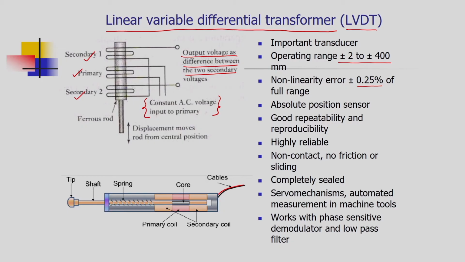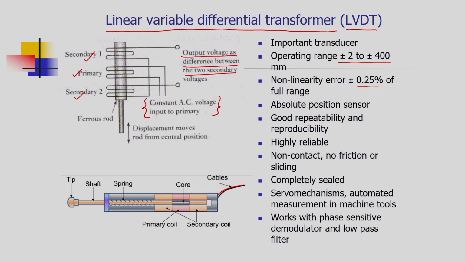Now, how is the displacement measured by using LVDT sensors? The ferrous rod, which is generating the resultant EMF across the leads or the connections of secondary coil 1 and secondary coil 2, is attached to the mechanical element of which we want to measure the displacement.